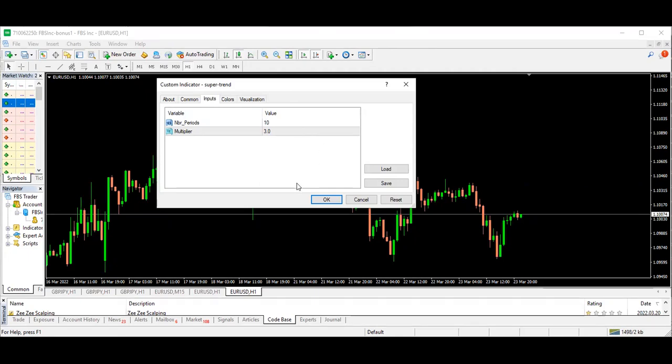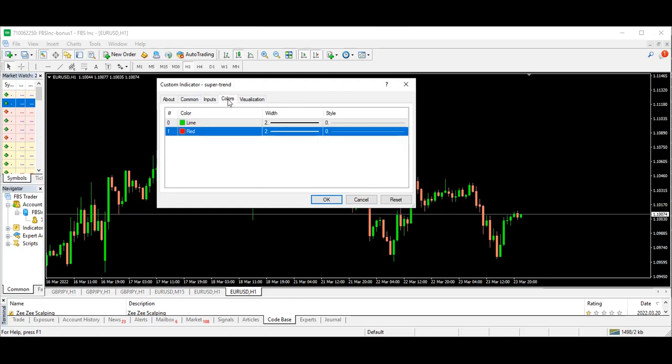Now, this will be the setup of the indicators that I'm attaching on this chart. The first, I'll be using the period 11, and the multiplier will be 2.